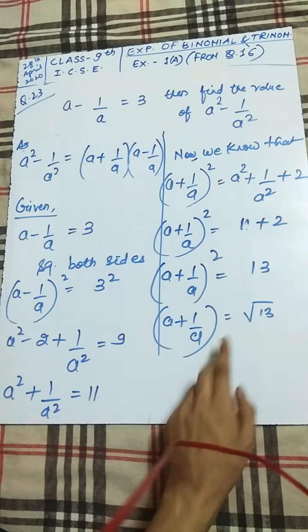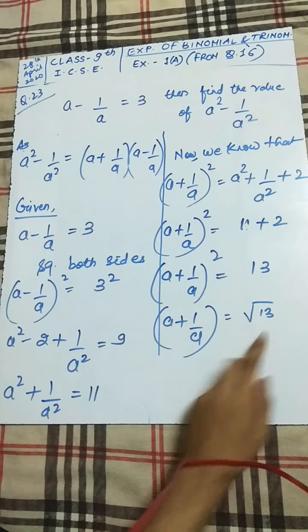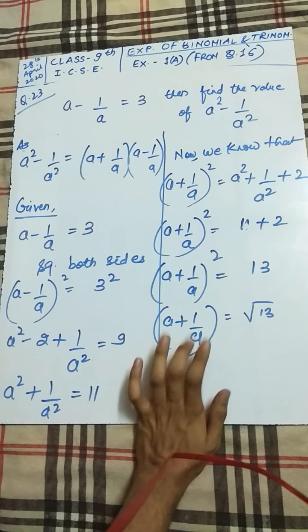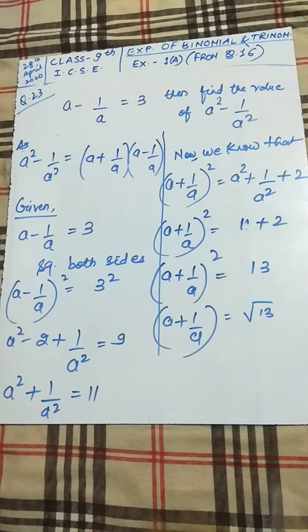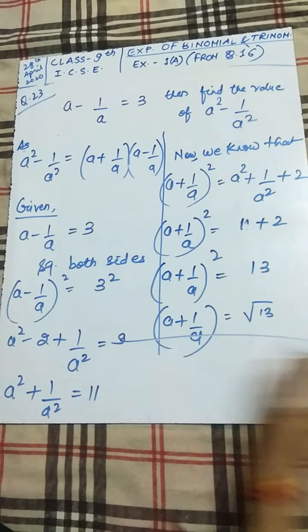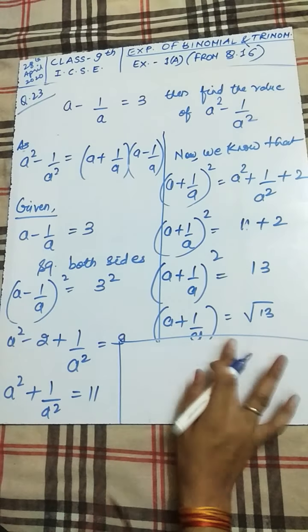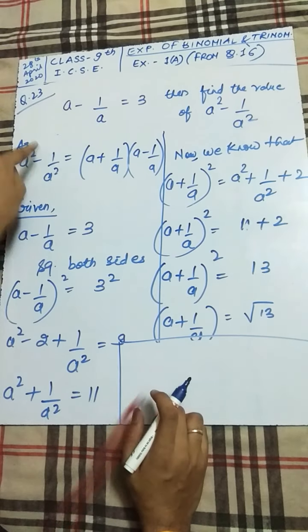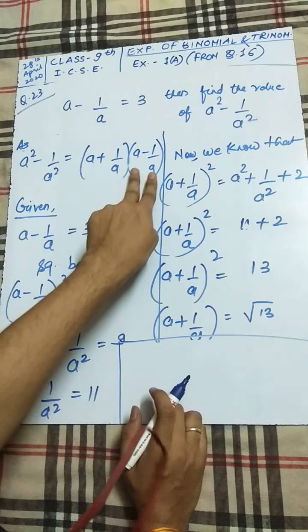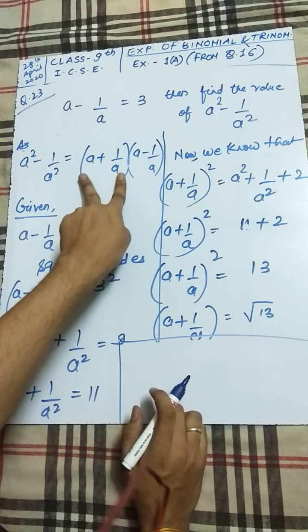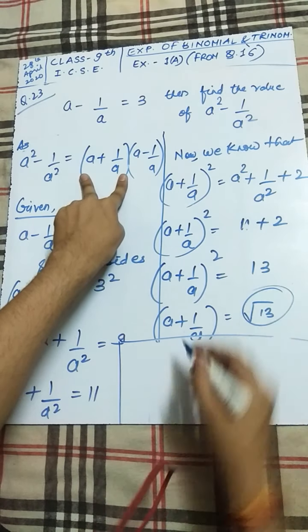This square will be cancelled, so root will be here. So we got the value of a plus 1 upon a. So again come here. a square minus 1 upon a square is a plus 1 upon a into a minus 1 upon a. So in place of a plus 1 upon a, you got under root 13.